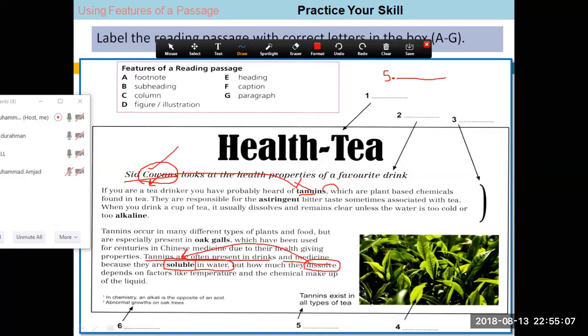Number two, if you require it, you may be provided with some explanation in the footnote or just after that word or somewhere around, one or two sentences after or before that word. Clear?